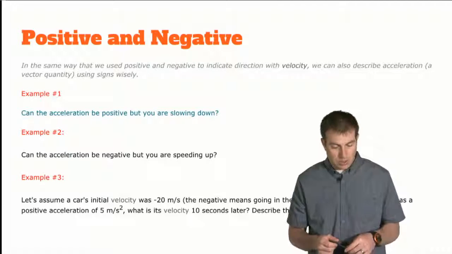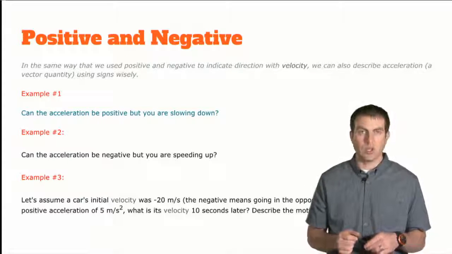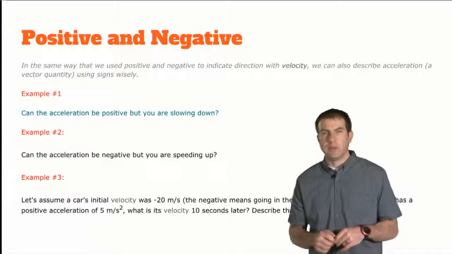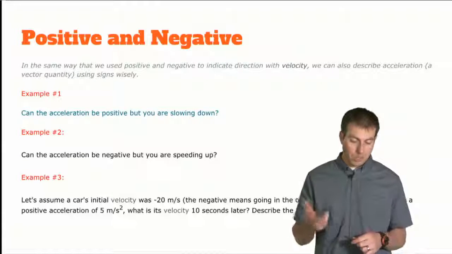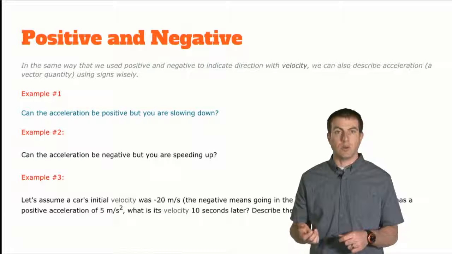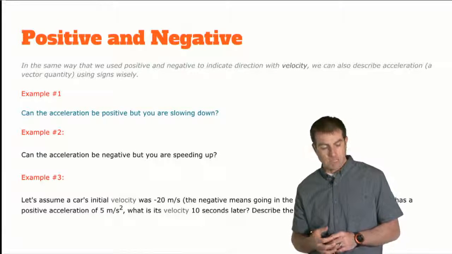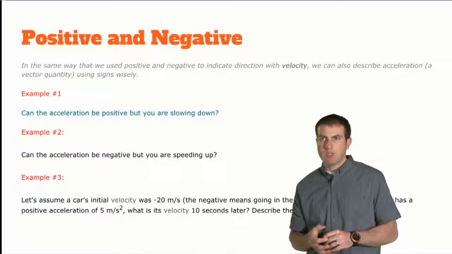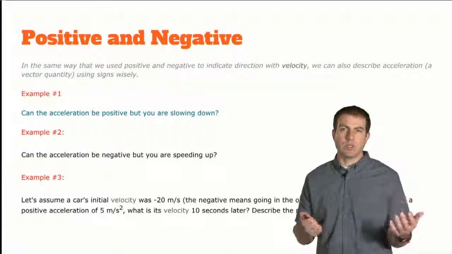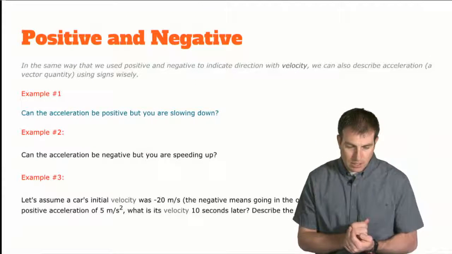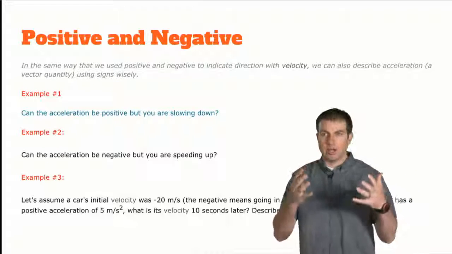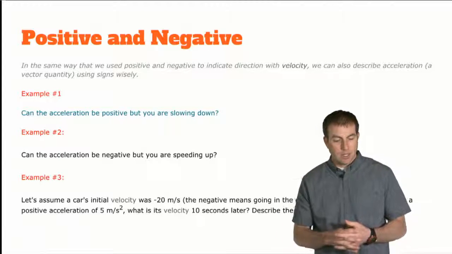Can the acceleration be positive, but you are slowing down? Can we think of a situation where our acceleration's a positive value, but you're slowing down? How can that happen? These are the confusing things where we start to think of signs, and wrapping your brain around it is kind of the hardest bit.